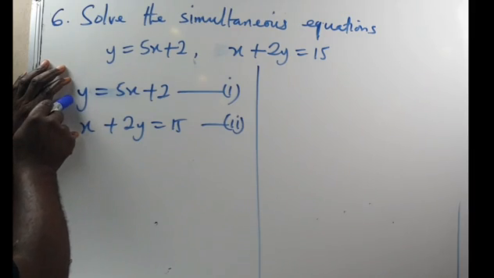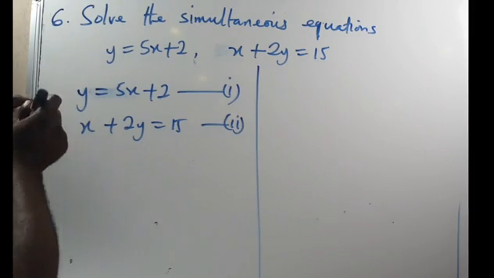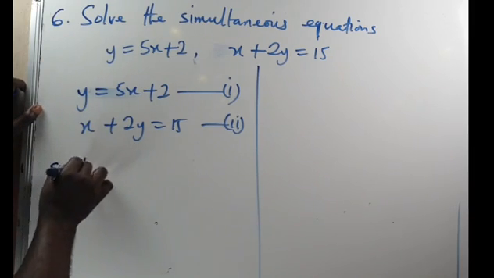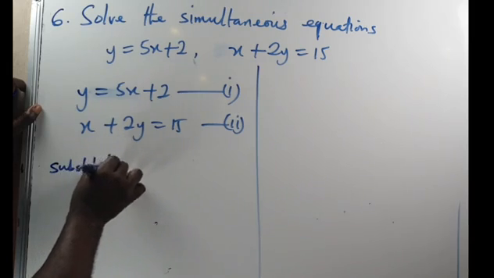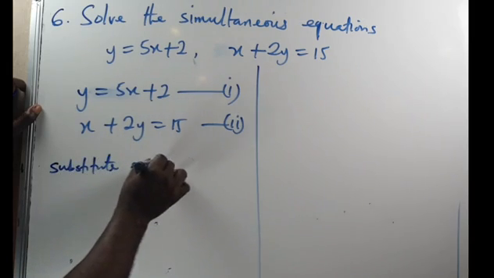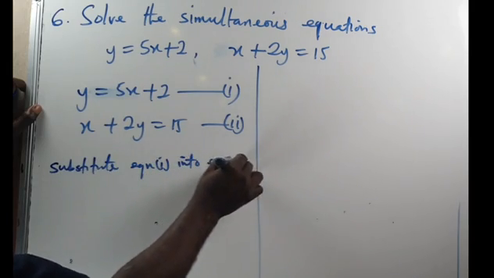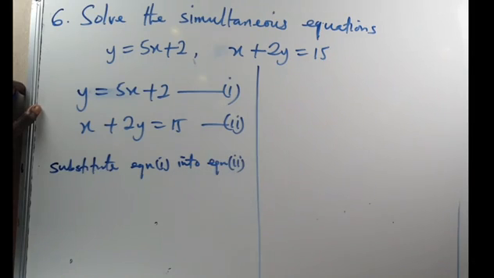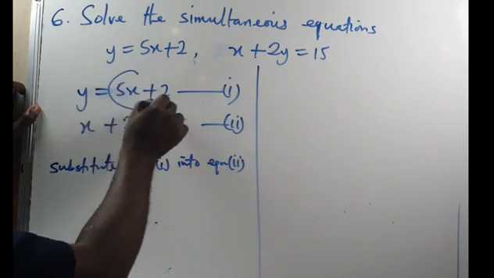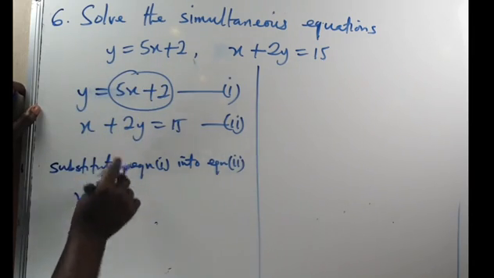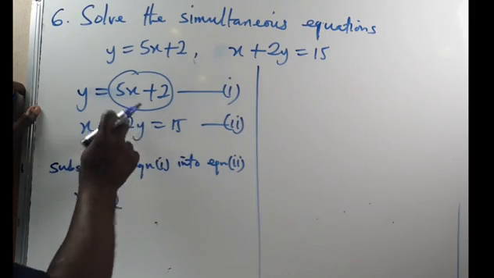So what we're going to do now is substitute equation 1 into equation 2, because y is known already. It will be 5x plus 2. Wherever we see y, we put the value 5x plus 2. So that means x plus 2 into bracket y.